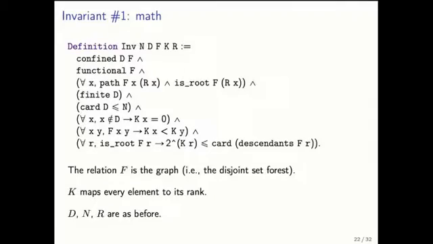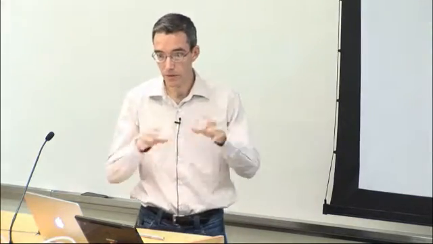I just want to say roughly what this is about. So the first part of the invariant is what you would find in a mathematical proof. If you were reasoning about the pseudocode and not the actual code, then you would need to say some things like the disjoint set forest is balanced in some way, and the ranks which are stored on the nodes satisfy certain properties. So that's the kind of thing you have to write here.